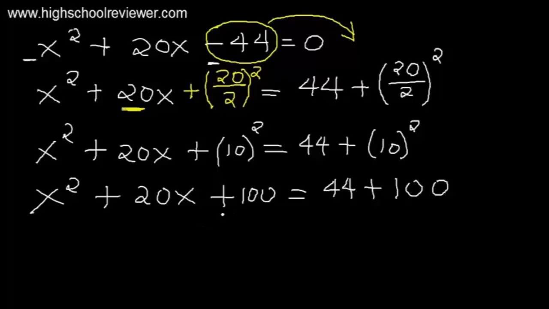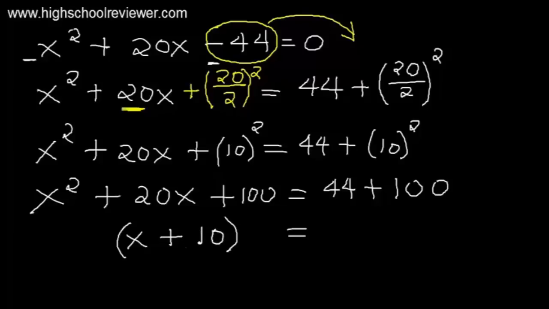This is a perfect square. Okay, so we can factor this out. The factor of x squared will be x, and then since this is positive, we'll also have here positive. And the factor of 100, this is a perfect square, its square root will be 10.